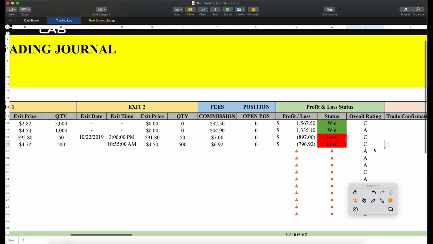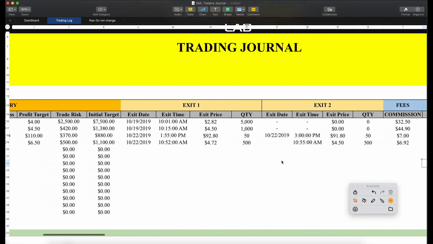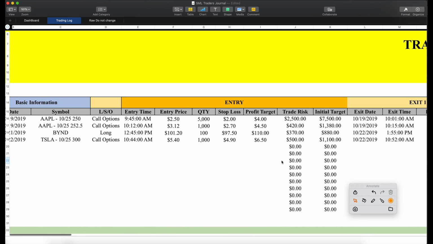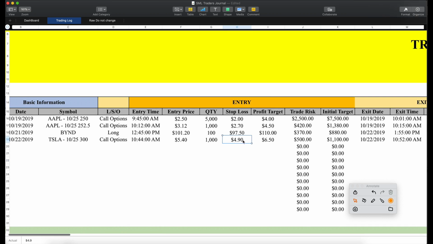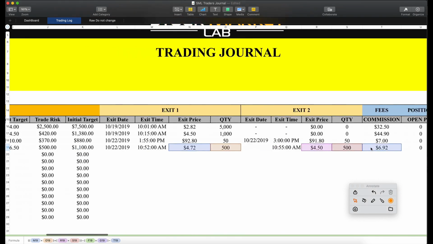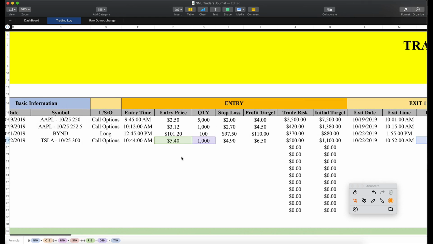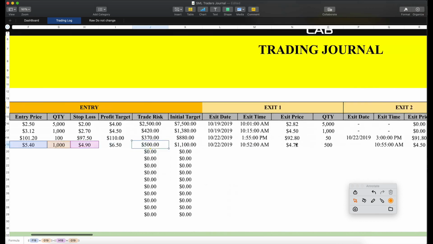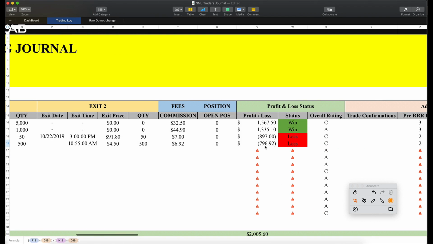The reason I'd give it a C is because when I go through this trade, one thing I did not like is the fact that I obviously didn't follow my plan. I exited way too late. What was the reason for that late exit? What was the reason for losing more money than I originally anticipated? Originally on this trade, I was supposed to lose $500 if the trade went against me, but I lost $796.